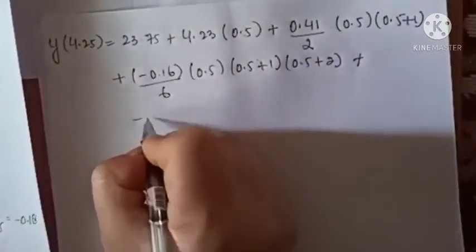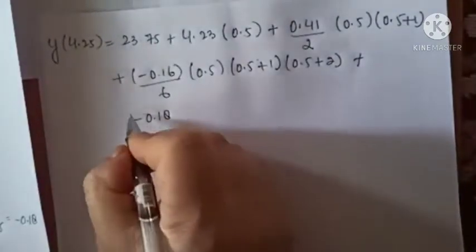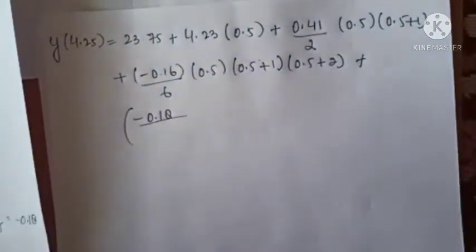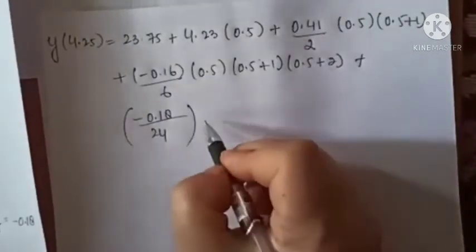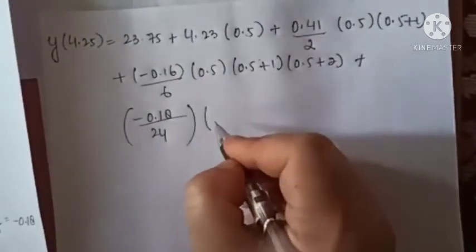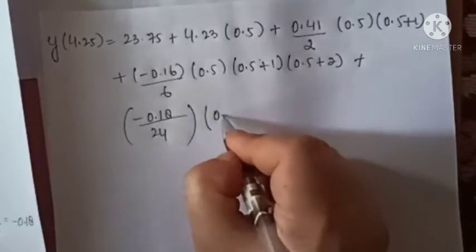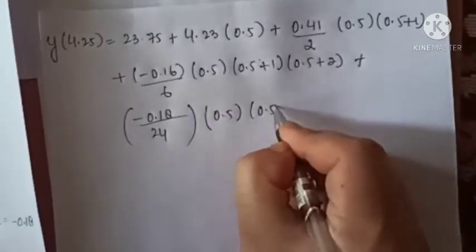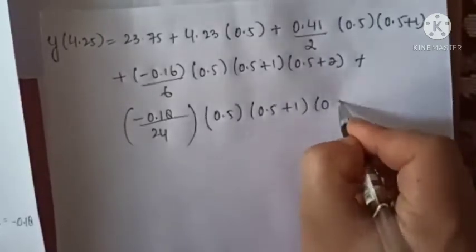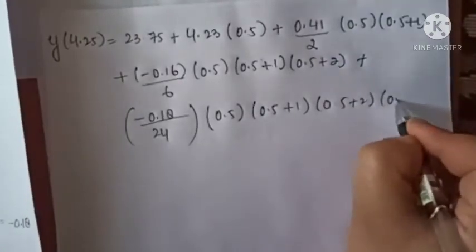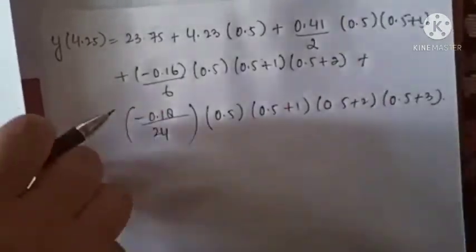So plus minus 0.18 divided by 24 into minus 0.5, minus 0.5 plus 1, minus 0.5 plus 2, minus 0.5 plus 3.